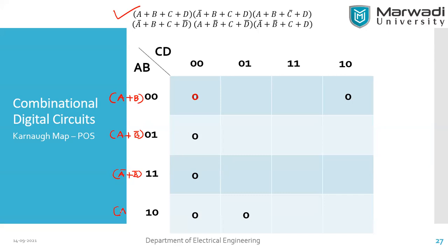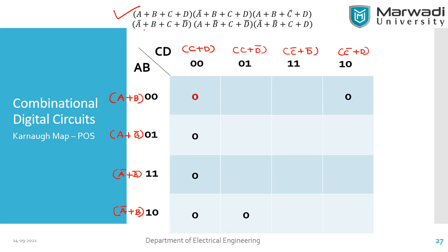And this is A bar plus B. Similarly, this is C plus D. This is C plus D bar. This is C bar plus D bar. And here it is C bar plus D.